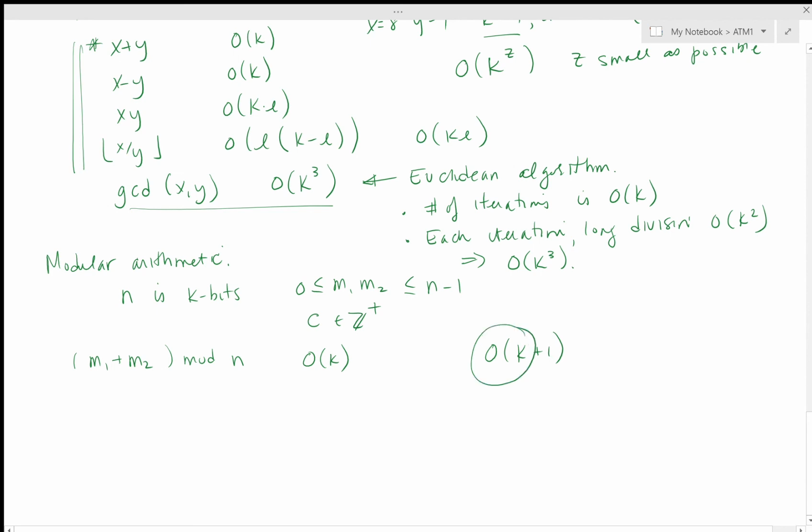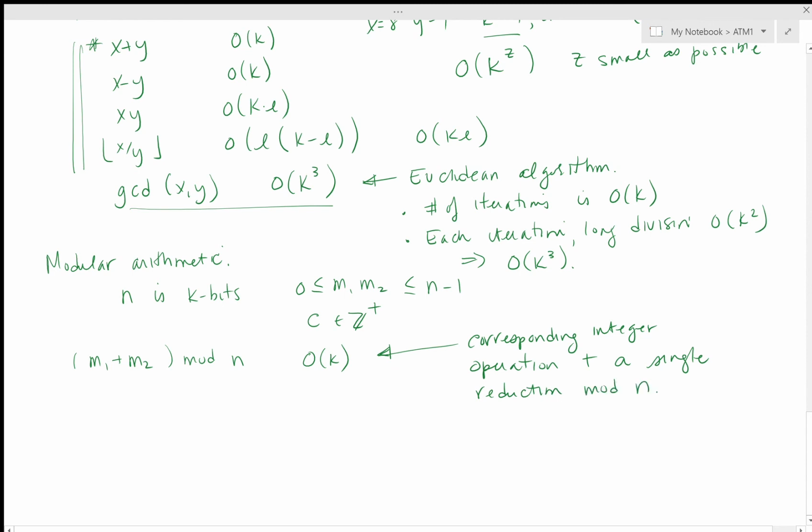So I'm just going to make a note of that, so we understand how come we don't see any difference: what we're doing here is the corresponding integer operation plus a single reduction mod n.